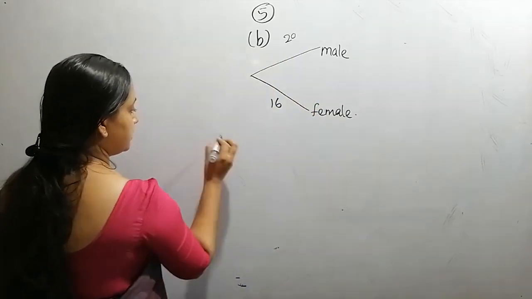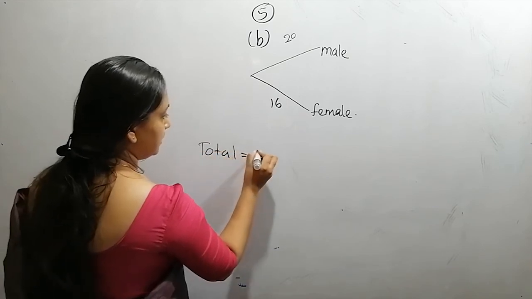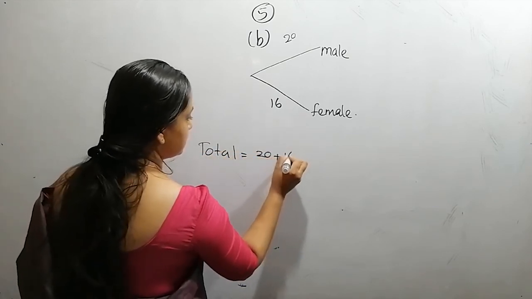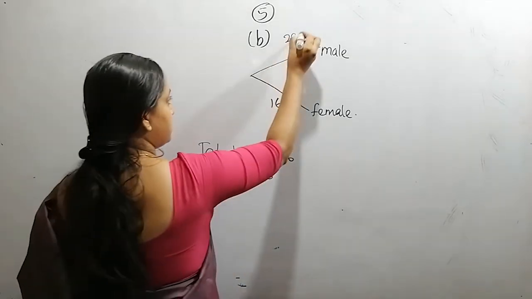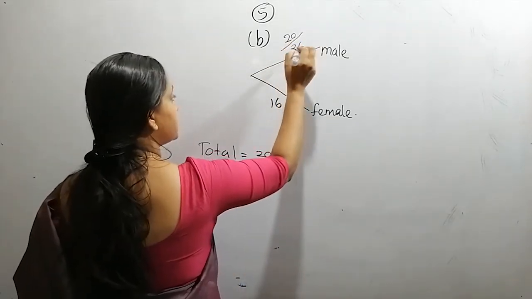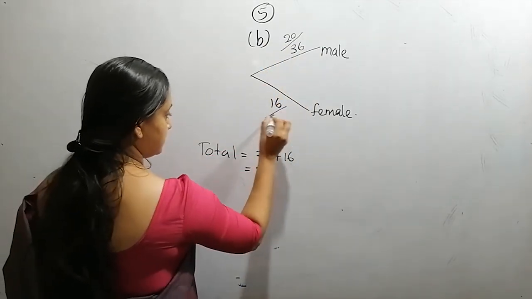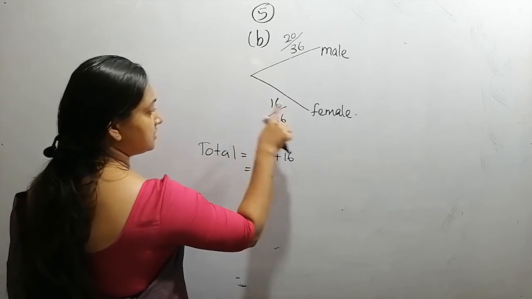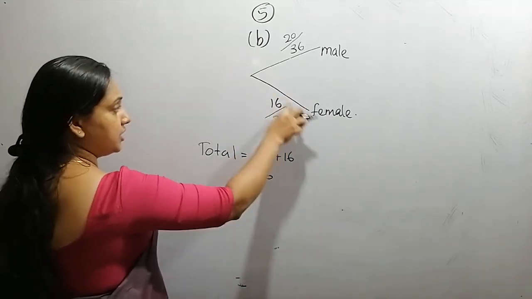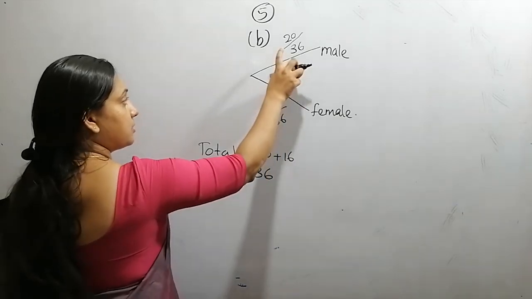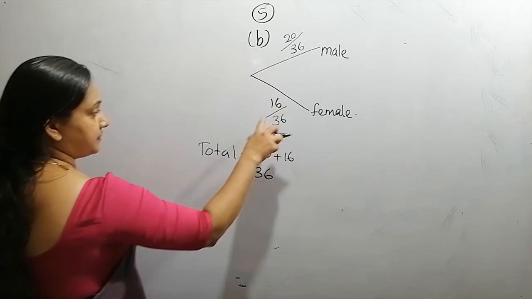The total number of people equals 20 plus 16, it is 36. Out of 36, 20 are male. Out of 36, 16 are female. Here in the tree diagram we have to write the probability on this line.